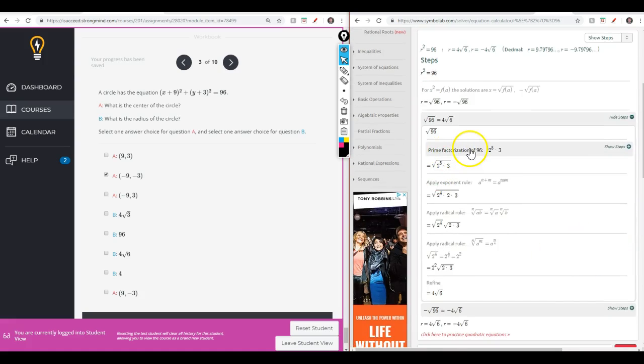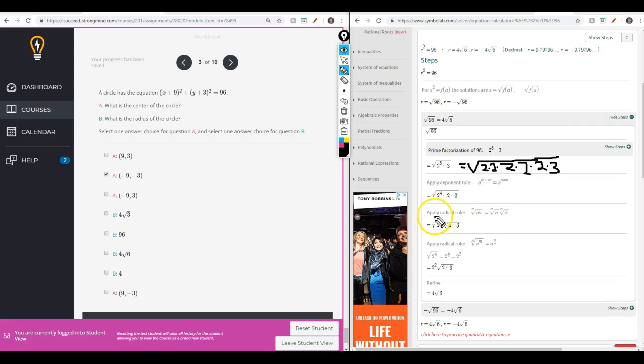It says to factor 96, which is 2 to the 5th times 3. 2 to the 5th, I would just write it out like this. I would write it out as 2 times 2 times 2 times 2 times 2 times 3, because 2 to the 5th just means you have 5 2's being multiplied all together.